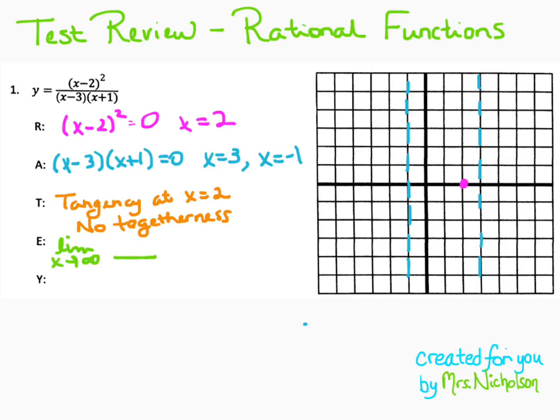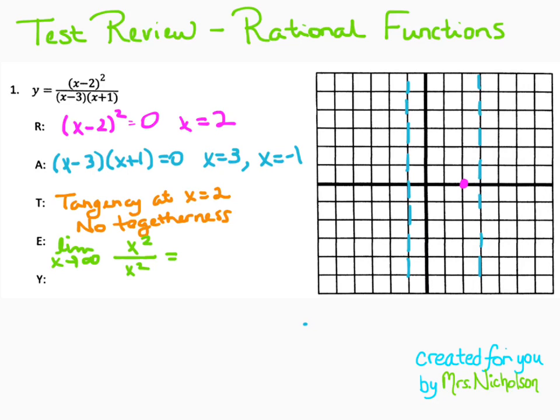Well, if I squared x minus 2, my first term would be x squared. That's going to be the highest powered term in the numerator. In the denominator, if I multiply x minus 3 times x plus 1, I also get x squared. And so considering both of those, if I plugged in infinity for x, if x gets really, really big, my numerator and my denominator are both getting bigger at the same rate.